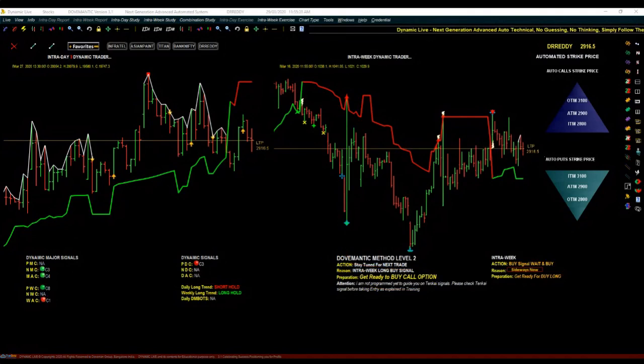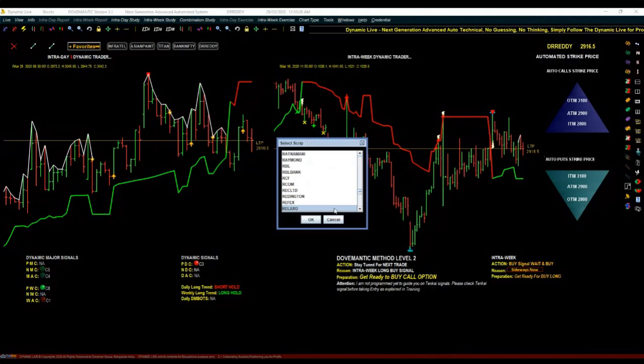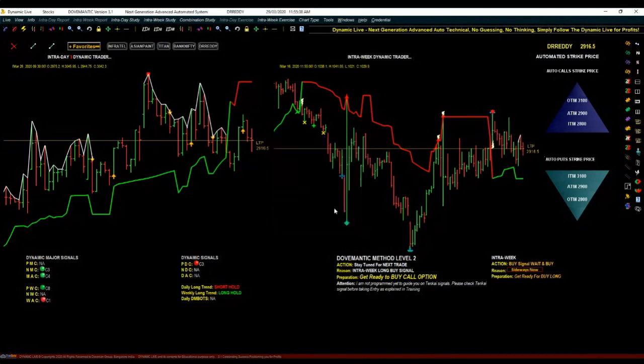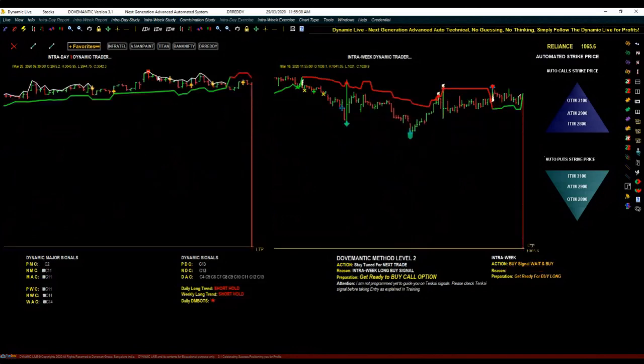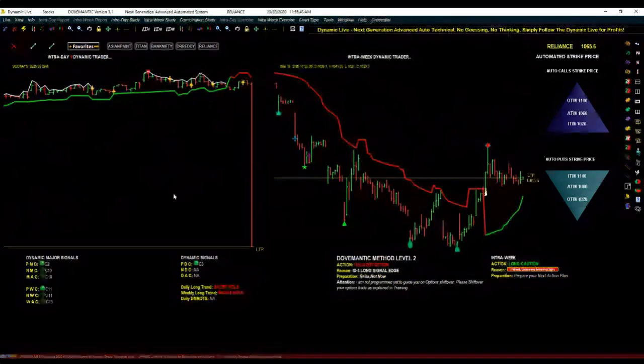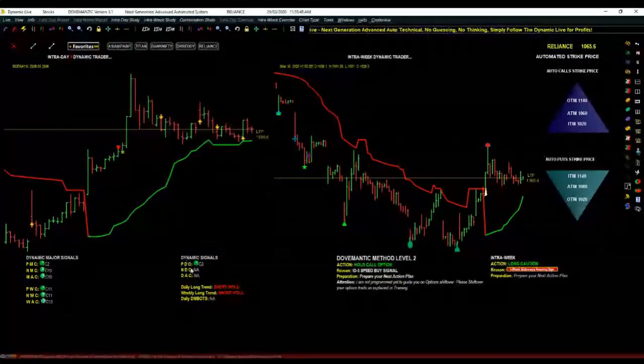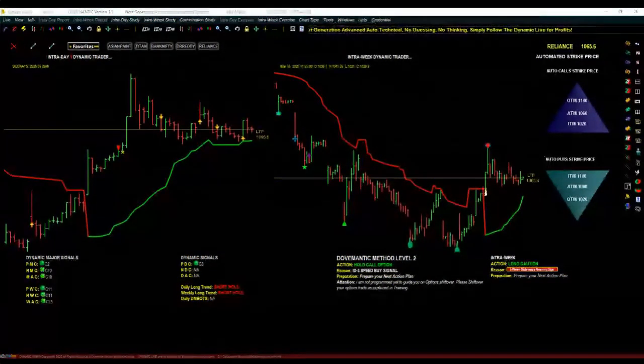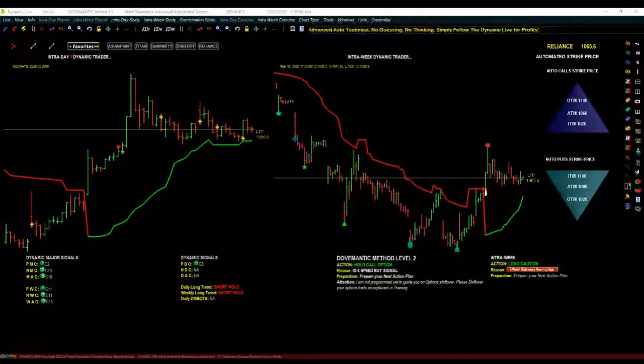Let us check Reliance. Now here is the case of Reliance.